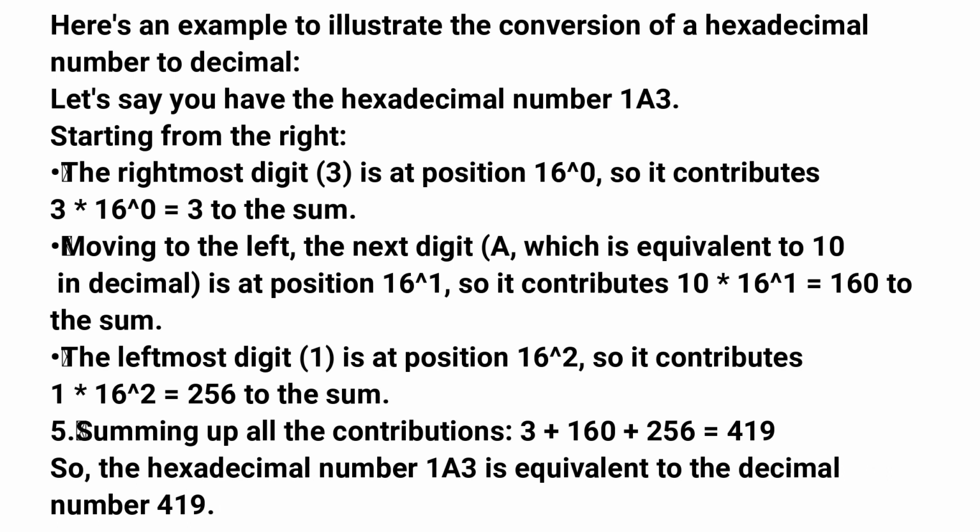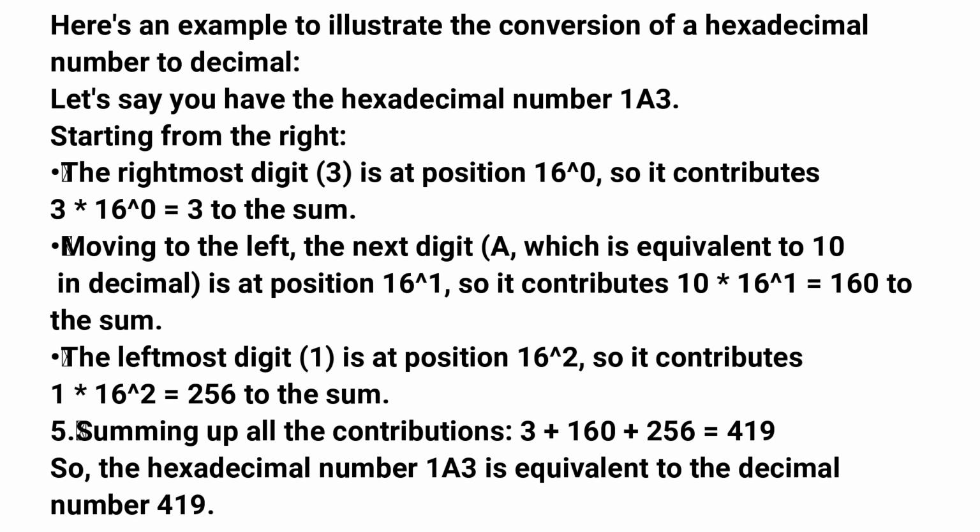The leftmost digit, 1, is at position 16^2, so it contributes 1 * 16^2 = 256 to the sum. 5. Summing up all the contributions, 3 plus 160 plus 256 equals 419. So, the hexadecimal number 1A3 is equivalent to the decimal number 419.